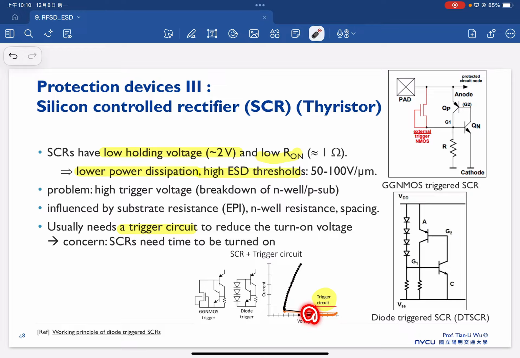So if we want to use the SCR, we need this additional trigger circuit to give a small current and then reduce this turn on voltage here. That's also one of the main considerations for designing ESD protection: we want to have a lower trigger voltage, lower turn-on voltage.